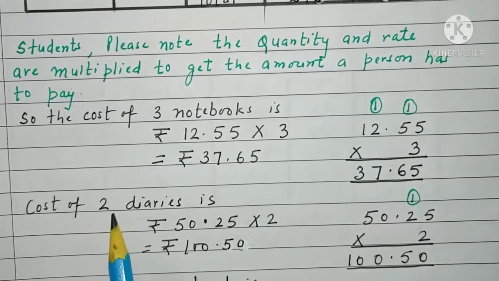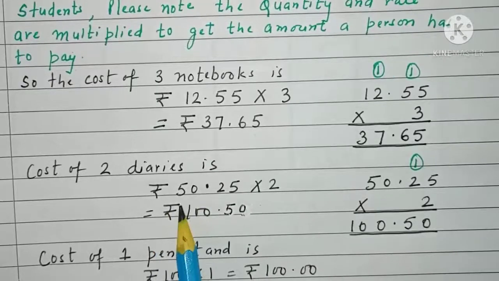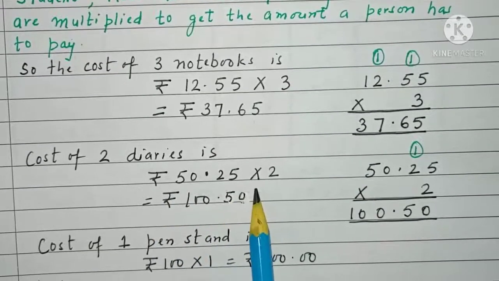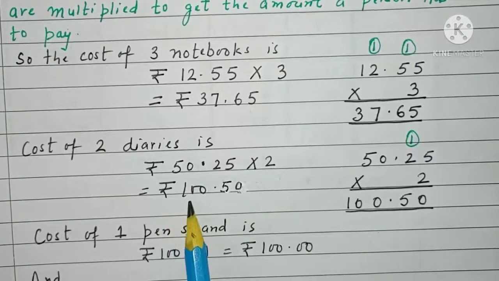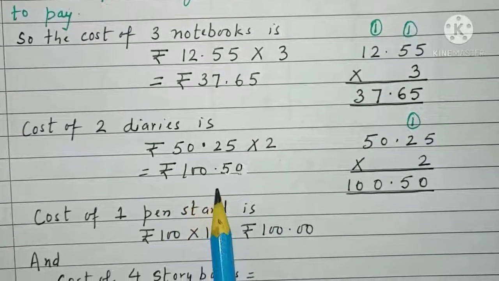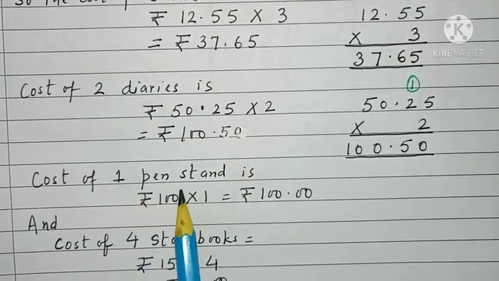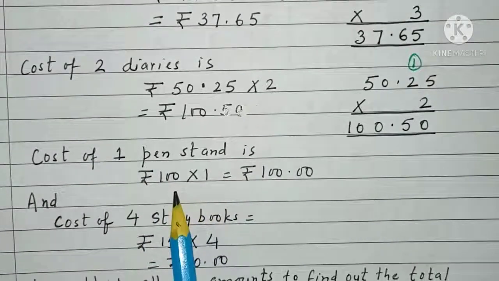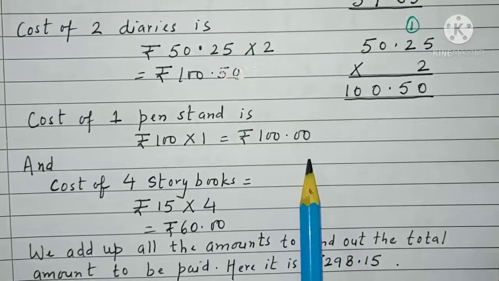The cost of 2 diaries is rupees 50.25 multiplied by 2, which gives us the cost as rupees 100.50. The cost of one pen stand is rupees 100 multiplied by 1, which is equal to rupees 100.